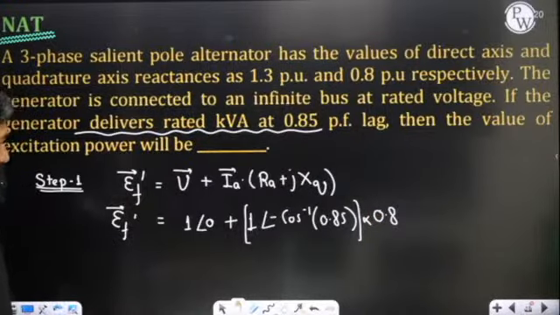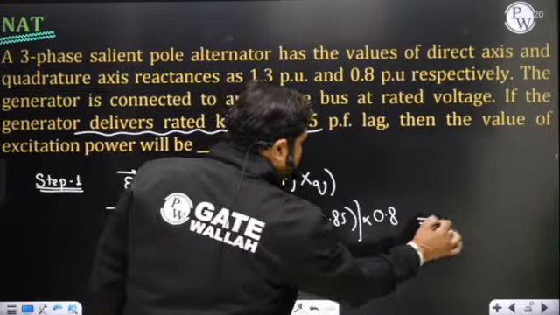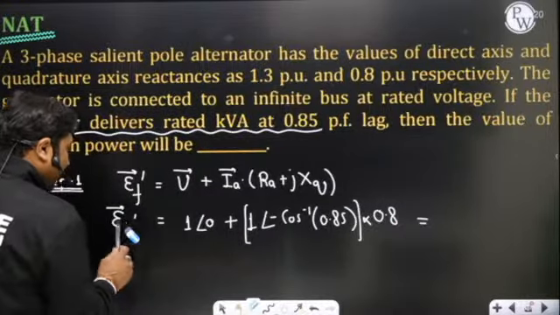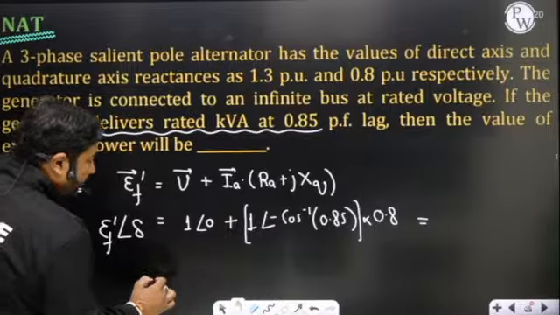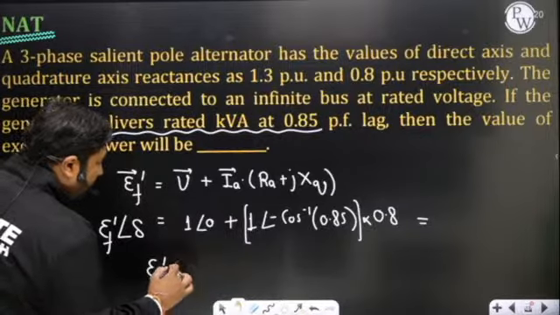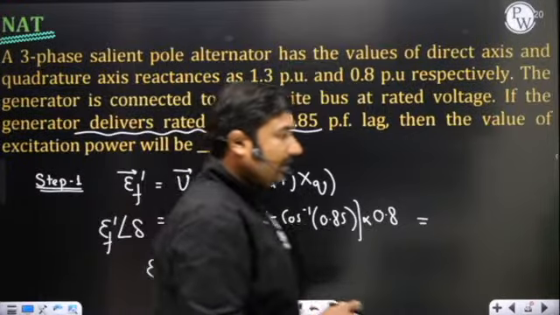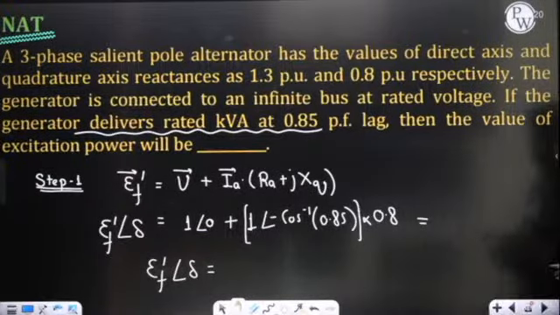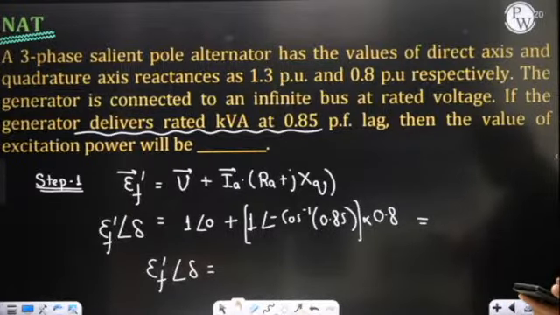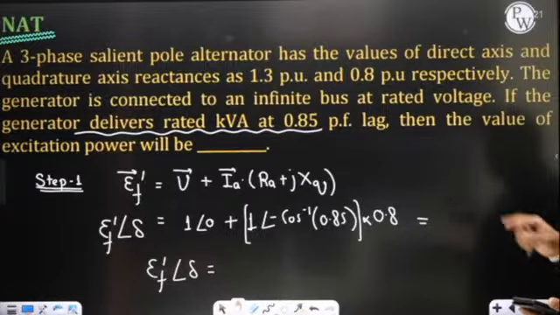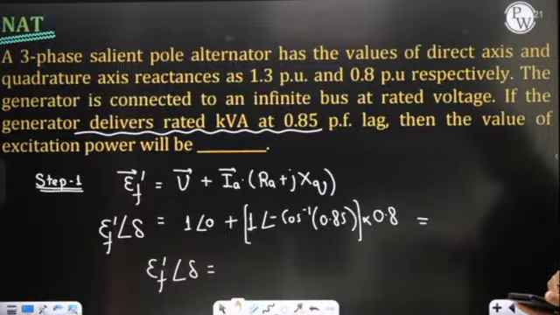So by solving this, you will get the value of load angle delta, because EF dash is EF dash at an angle delta only. I am interested in calculating the magnitude of EF as well as the load angle delta. You need to change it into polar: 1 plus 1 angle minus cos inverse 0.85 times j0.8.